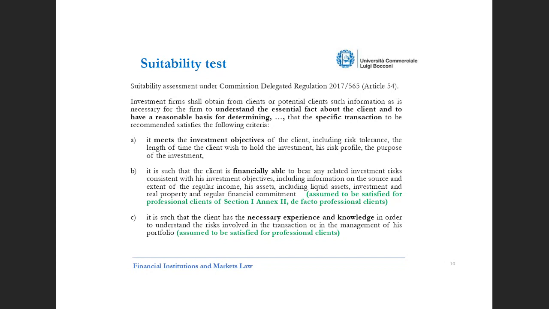And therefore what you end up doing is that you profile your client, and the result of this exercise would generally lead to the client being inserted into a specific category. On the basis of my experience, what I see on the market, the standard solution is that you have from 3 to 5 different categories of clients.